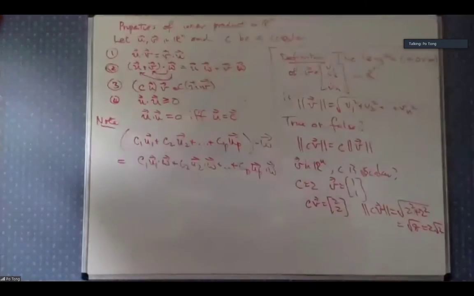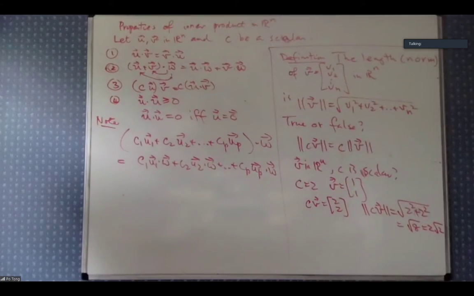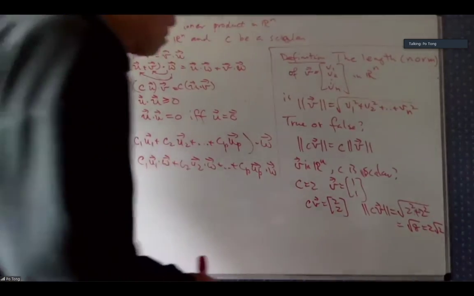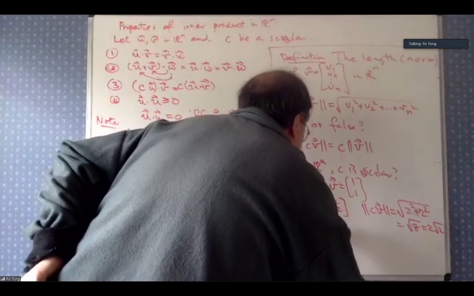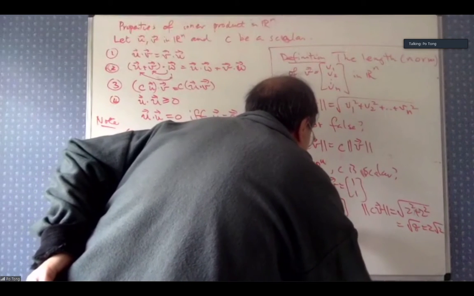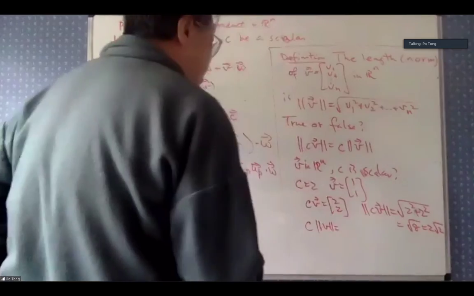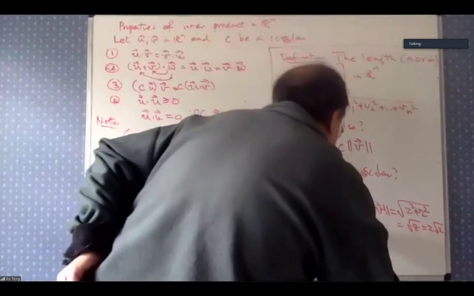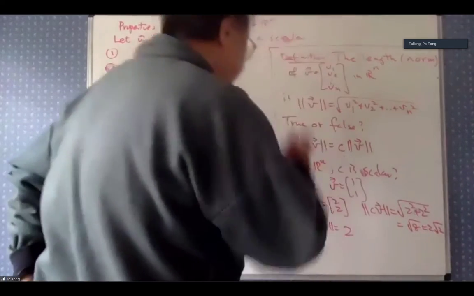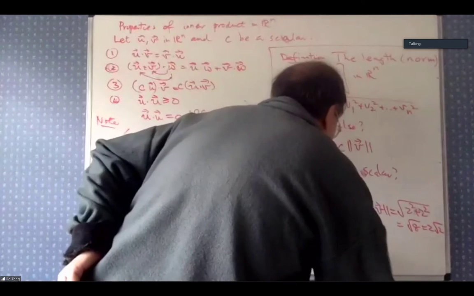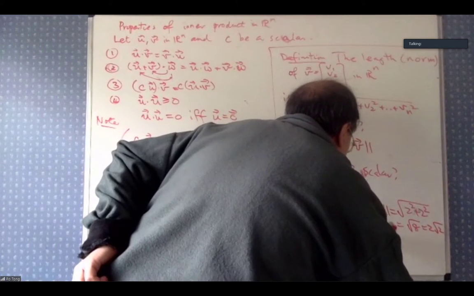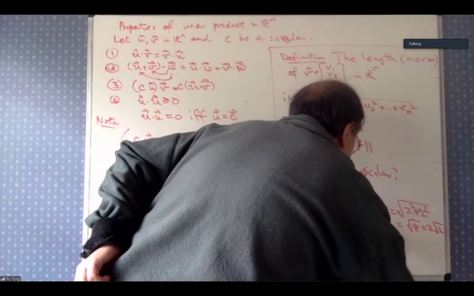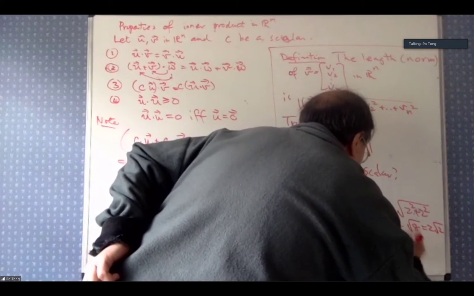How about if I take the magnitude first? c times the magnitude will be 2 times this, also equal to 2.